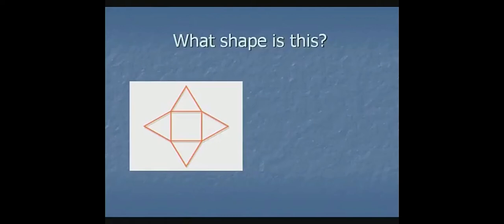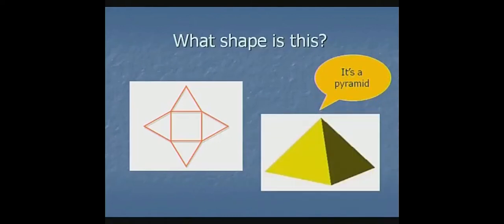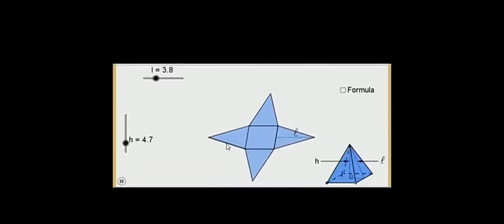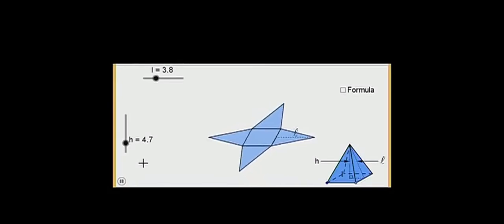Can you identify it? It is a pyramid, correct? Now, we will see the pyramid, how it opens and forms a net diagram. Okay. Now, we will see how the shape opens.